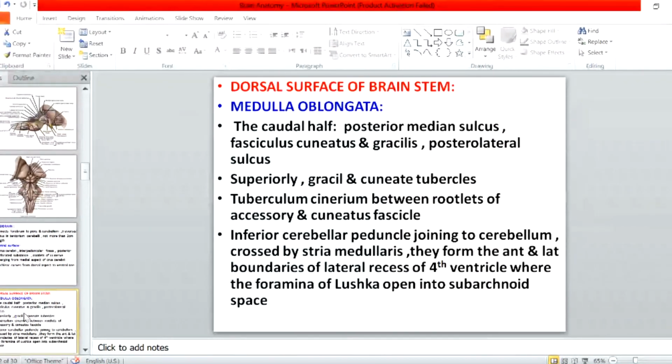Then the inferior cerebellar peduncle joins it to the cerebellum. They form portions of the lateral walls of the fourth ventricle. We'll study these details, where the openings of the fourth ventricle are, later on.